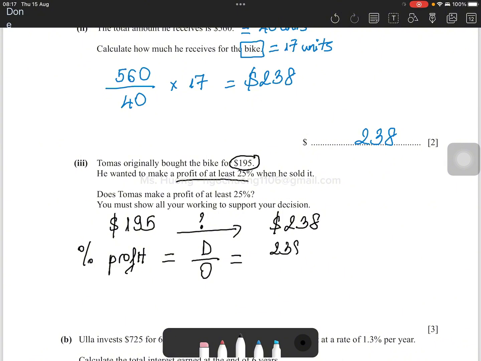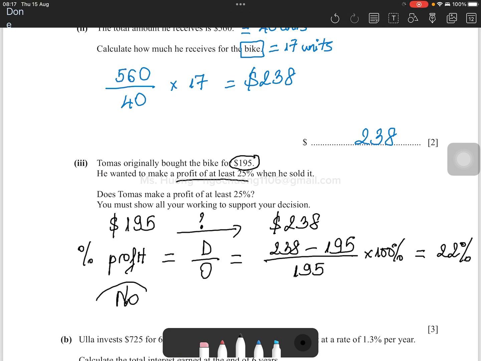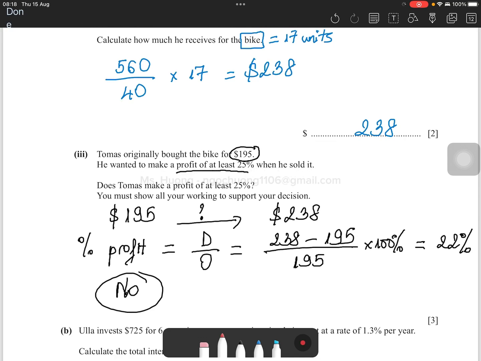The difference is 238 subtract 195 and the original amount is 195. Then we multiply this by 100% and it is equal to 22%. So we say that Thomas does not make a profit of at least 25% because 22% is less than 25%.